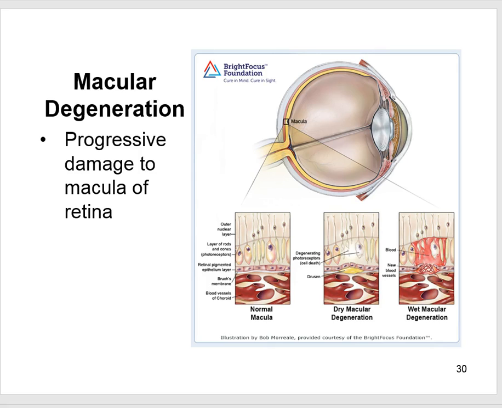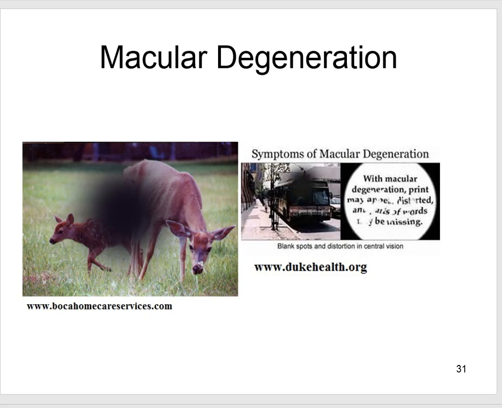Now, in wet macular degeneration, you also see the presence and leakage of abnormal blood vessels, and you can see this under fluorescein angiography. So, in macular degeneration, you see the print may appear distorted, okay, and you lose that central vision.